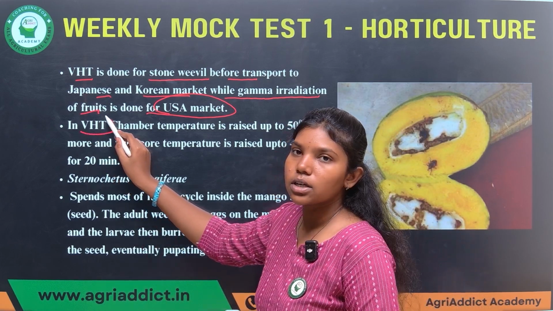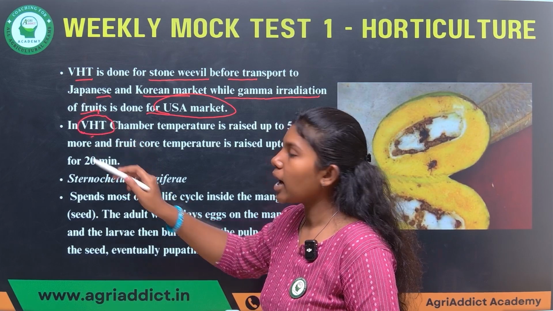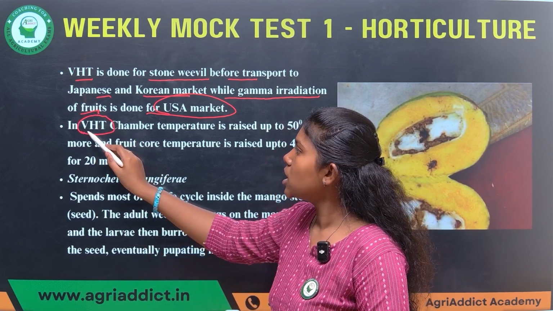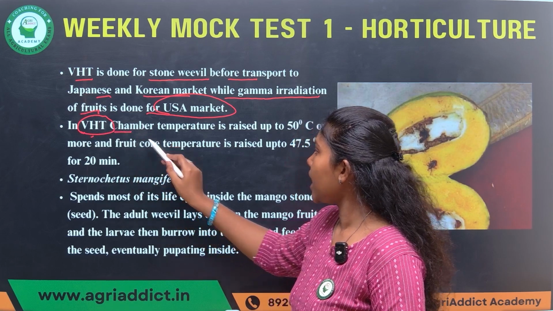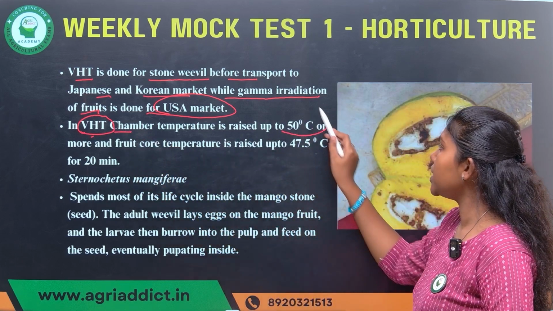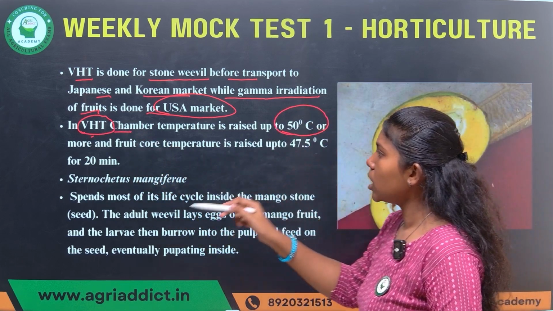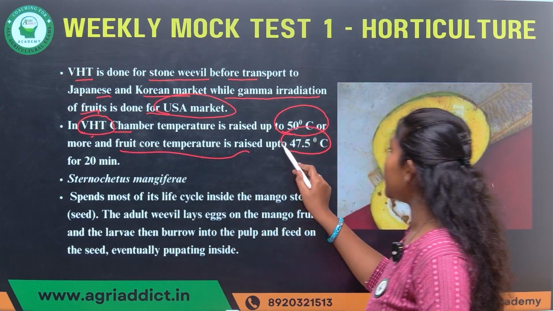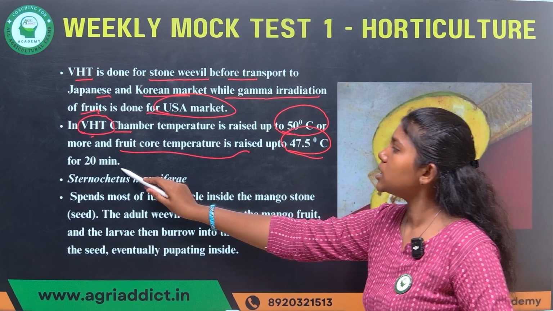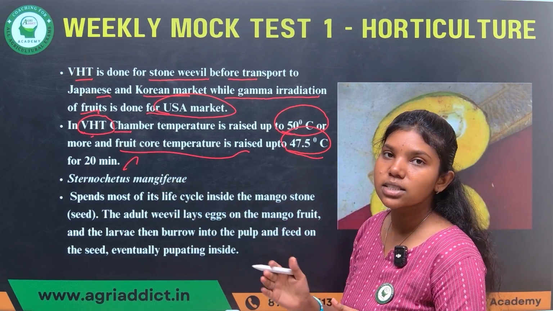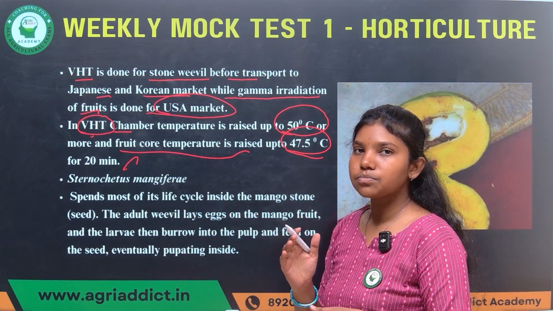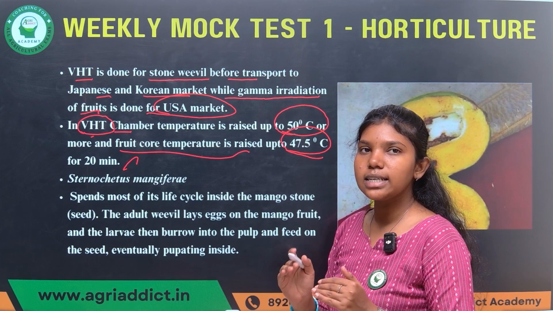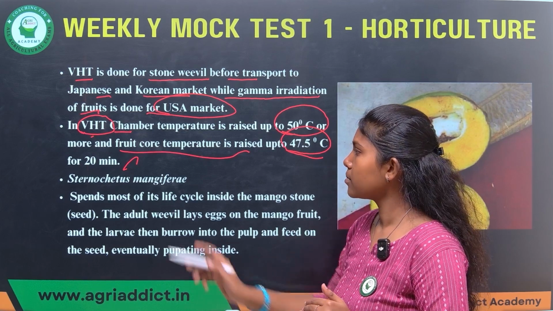How does vapor heat treatment work? The mangoes are put into a chamber known as the vapor heat treatment chamber. There the temperature is raised up to 50 degrees Celsius or more. The fruit core temperature is raised up to 47.5 degrees Celsius for 20 minutes. This temperature rise kills the stone weevil, thereby causing less damage to the fruit crop.